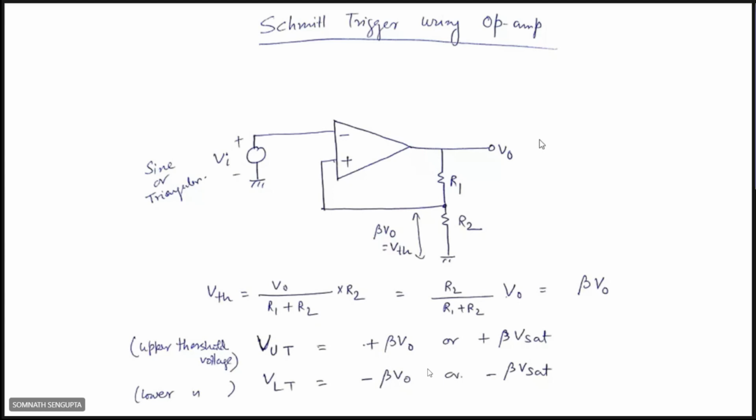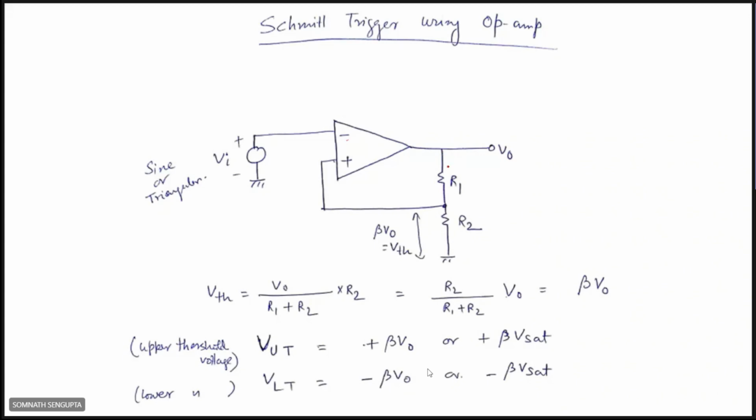So before that, I am showing you one circuit, that is the Schmitt trigger using an op-amp. This principle is used for multivibrators also. You see that this op-amp has two terminals. One is the inverting terminal, another is the non-inverting terminal. Here in the non-inverting terminal, we connect resistances.